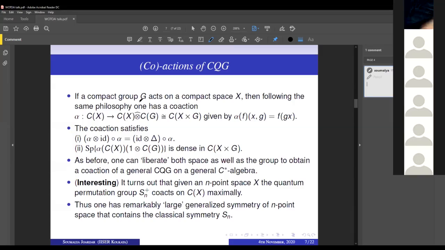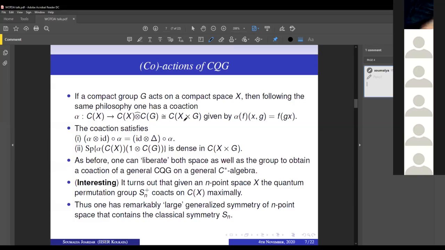So recall, if a compact group G acts on a compact Hausdorff space X, let's say, then we can encode the action in terms of the function algebras over X as well as the group. How to encode that? We have a map alpha from C(X) to C(X) tensor C(G). Again, this is a topological tensor product, not an algebraic tensor product.